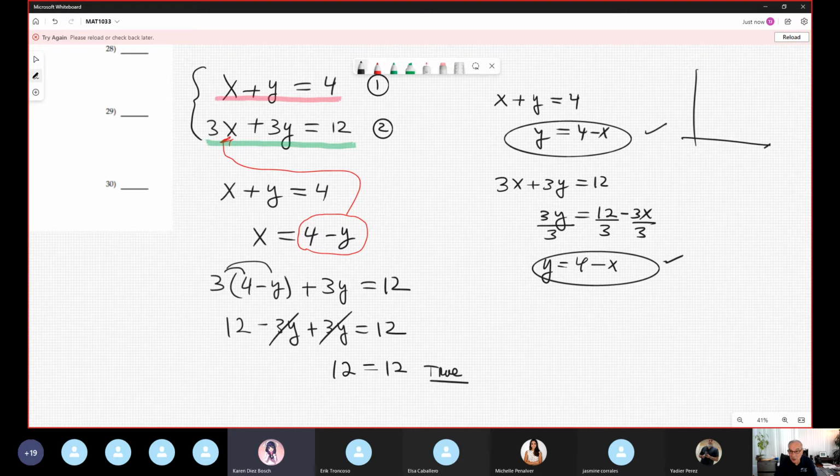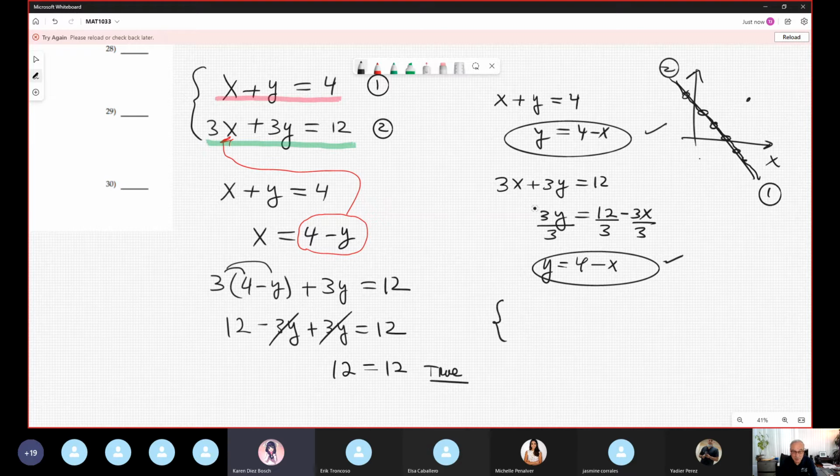Therefore, if you are doing the graphic representation, suppose that this is one line, equation 1, and this is the same line, equation 2. That is the reason that any point on this line is a solution. So what is the correct way to do this?